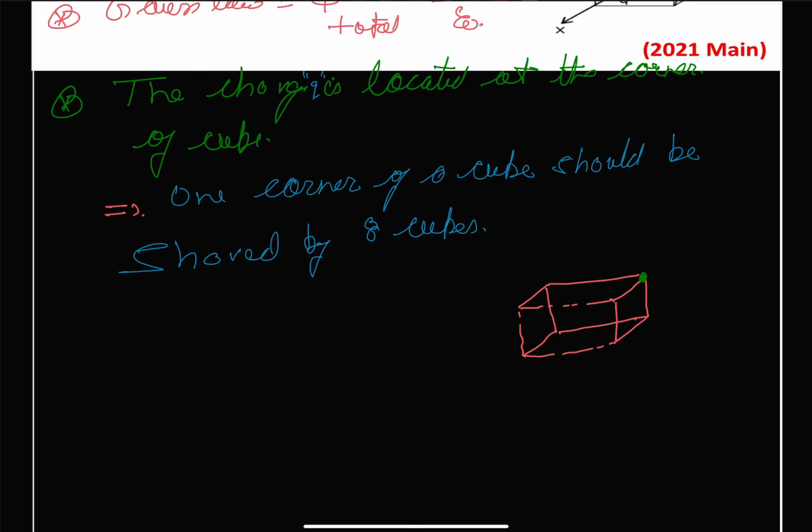So one cube will be in this direction, and another cube will be on the top of it, another cube will be in the back of it, and similarly we have to generate the total 8 cubes such that this particular charge is within the Gaussian surface.